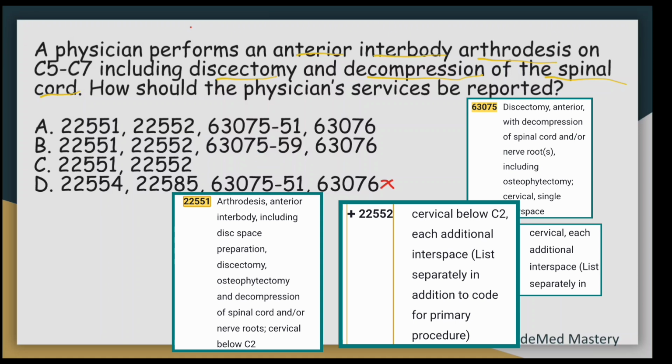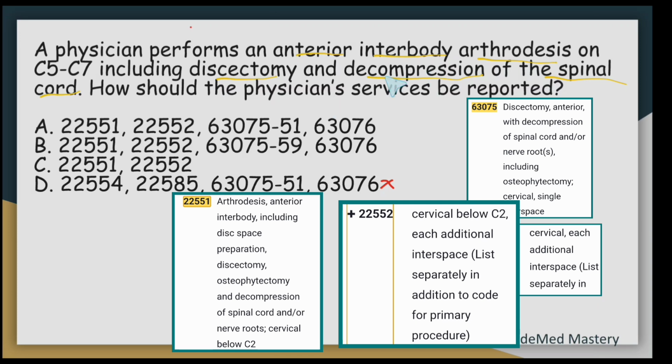That is for discectomy anterior with decompression of spinal cord or nerve root including osteophytectomy, cervical, single interspace. But those codes are for discectomy anterior with decompression of spinal cord, right?